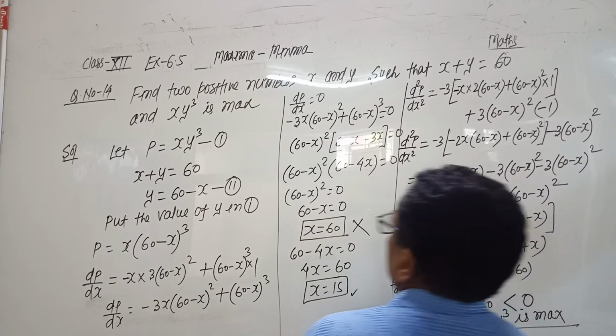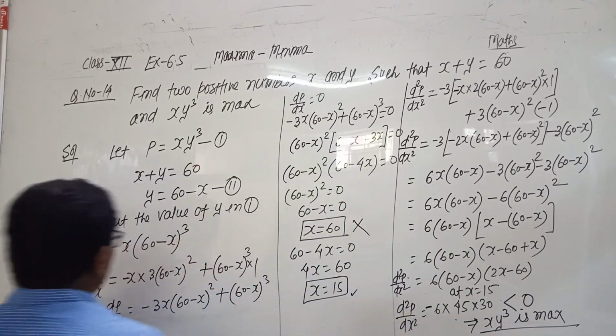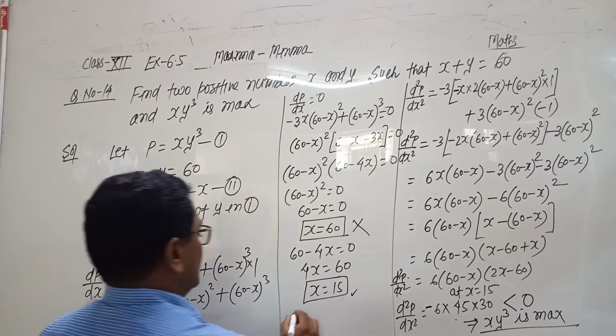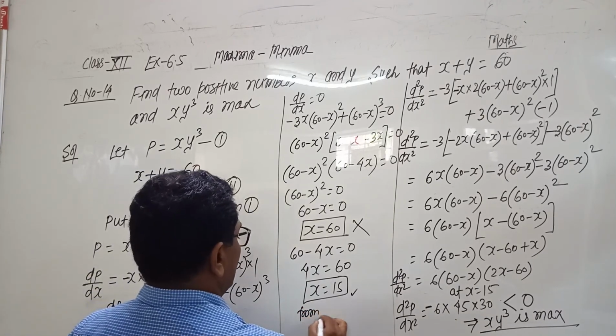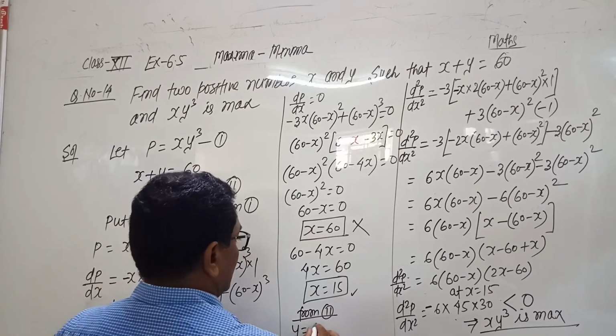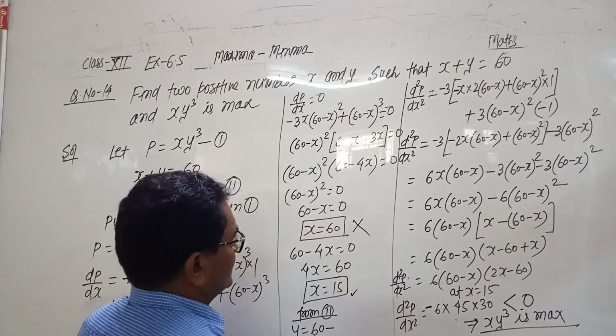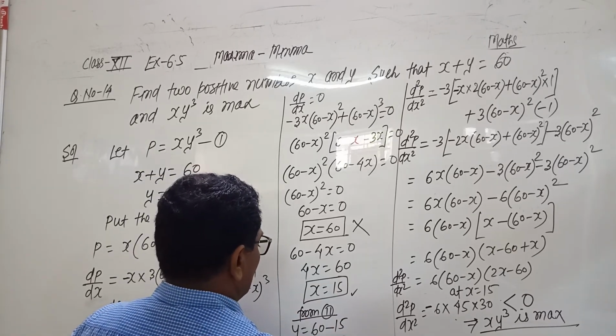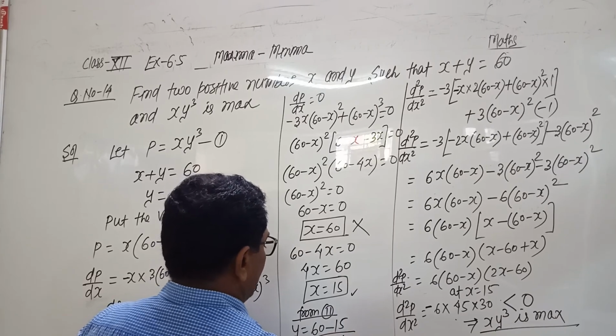Now we have to find the value of y. So put the value of x in the second equation. From the second equation, the value of y is 60 minus x, and x we have calculated as 15. So y equals 45.